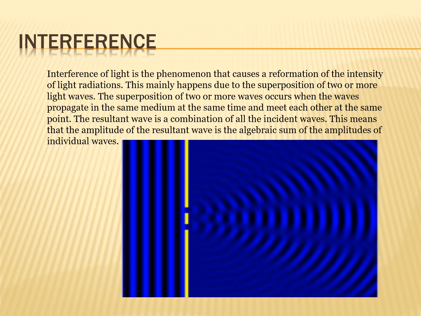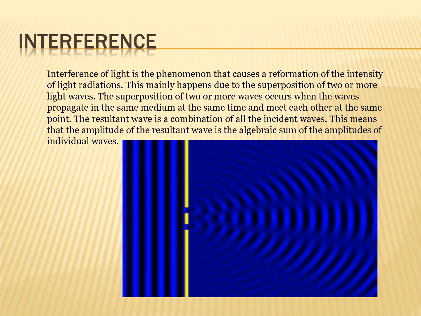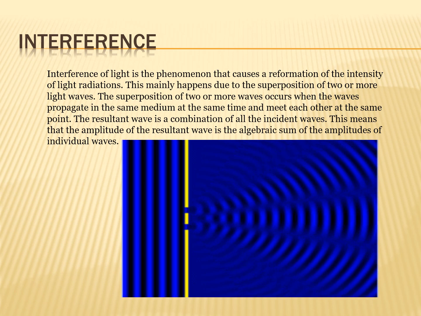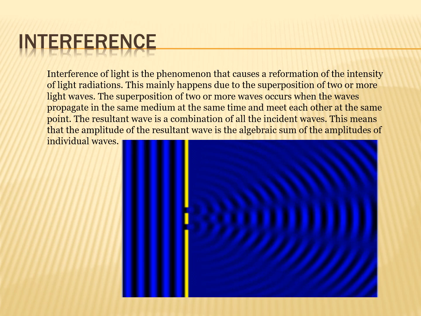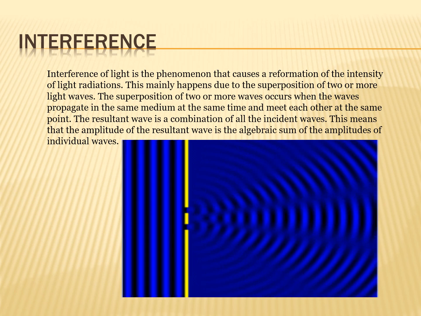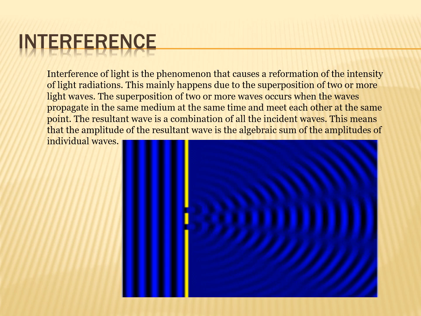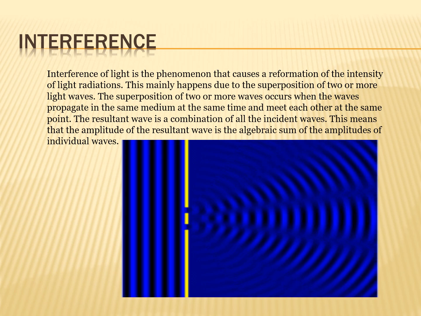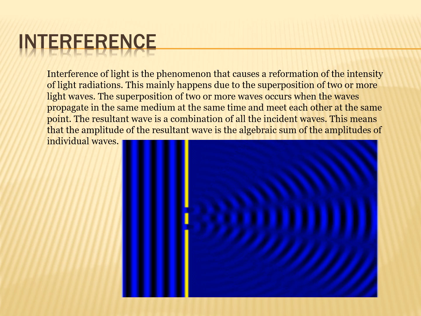Interference of light is the phenomenon that causes a reformation of the intensity of light radiations. Reformation of the intensity indicates the intensity of the light is being reframed with a combination of superposition. This mainly happens due to the superposition of two or more light waves.